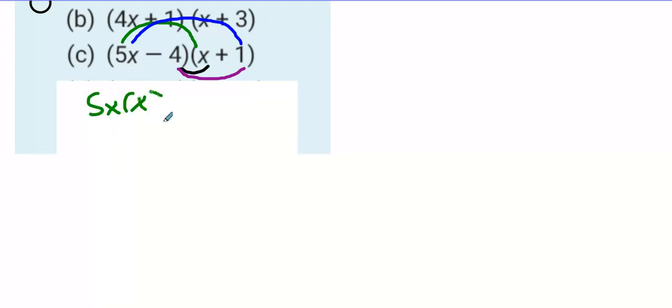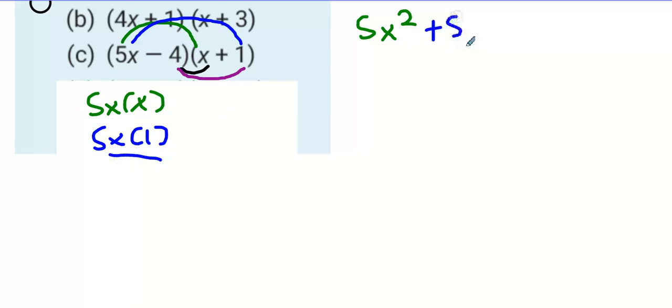5x times x. 5x squared, okay? Next one, 5x times 1, the blue line. 5x multiplied by 1. There's only one x, isn't there? So it's just 5x. Okay.